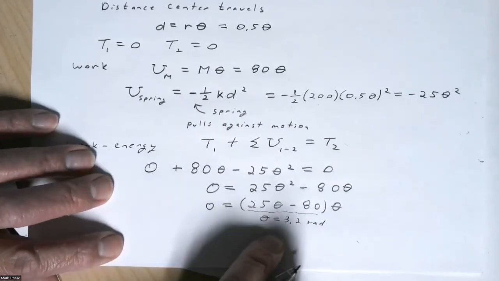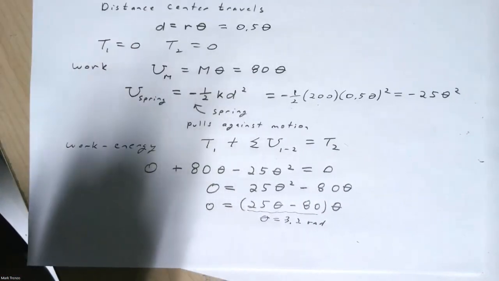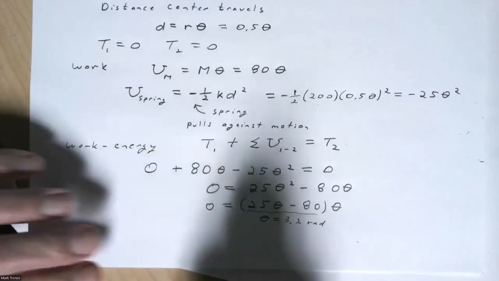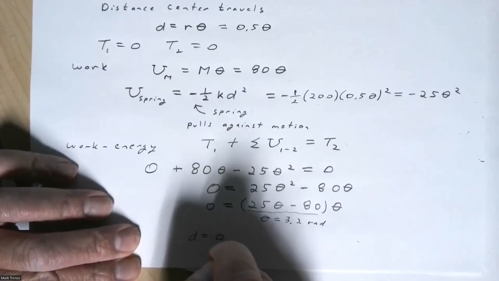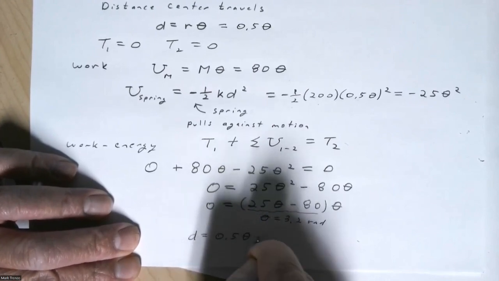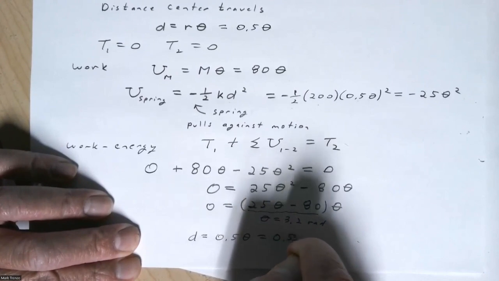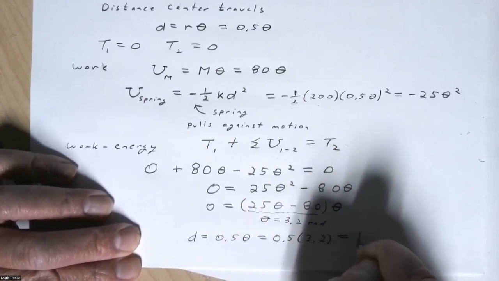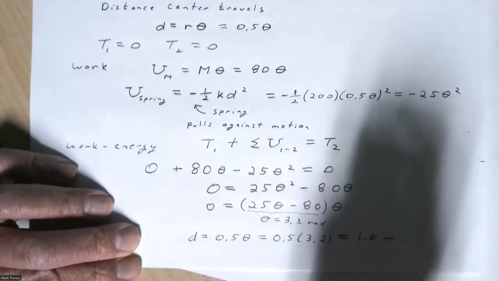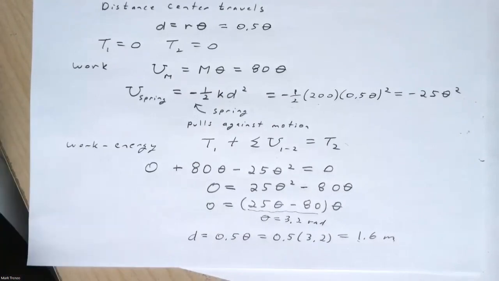Then if we want to find the distance, we can go back and use this formula here. The distance traveled is 0.5 theta, or 0.5 times 3.2, which is 1.6 meters. So that's how far the wheel moves before it stops.